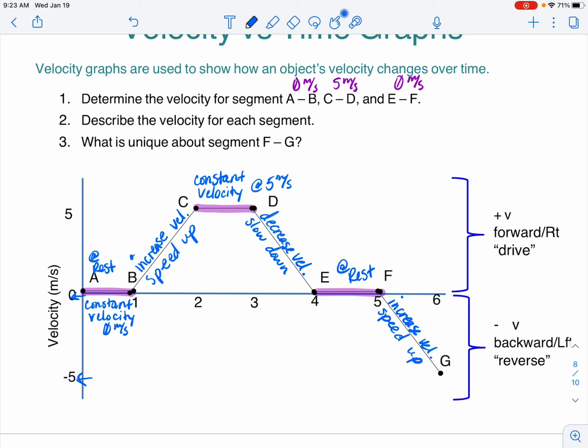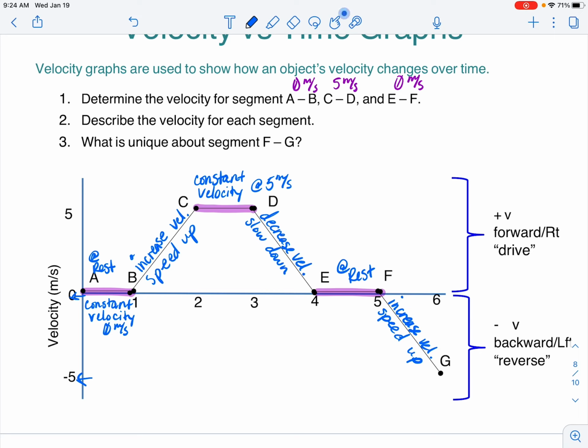Now, again, if I am in my car, what I have done is I have switched gears from drive to reverse. Everything on the graph before this moment, we were moving in the positive direction. We were forward. We were sitting. We sped up. We maintained our speed for a moment. We slowed down. We came to a stop. I'm now going to shift gears.